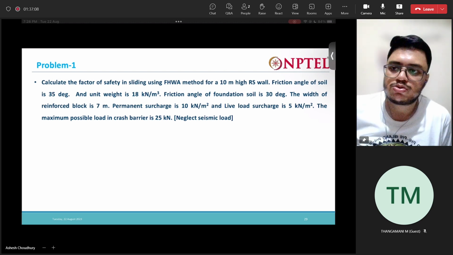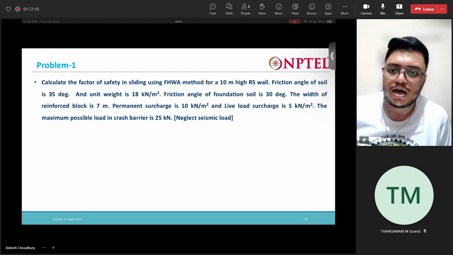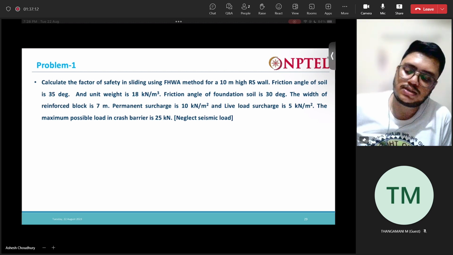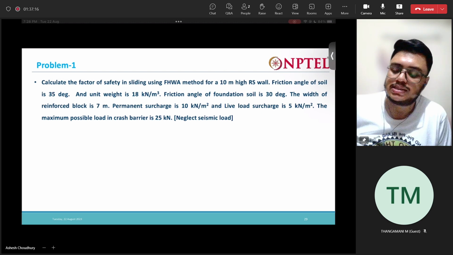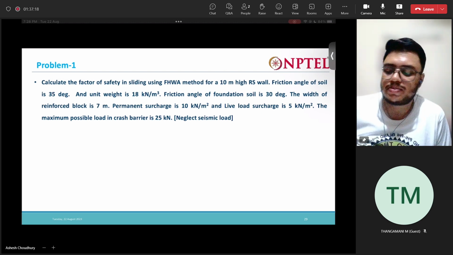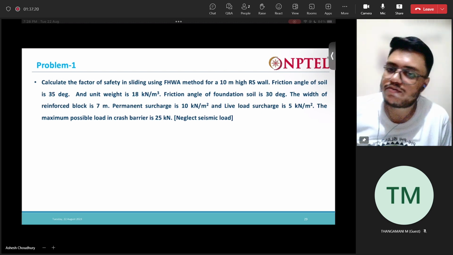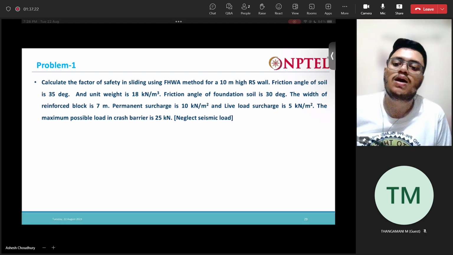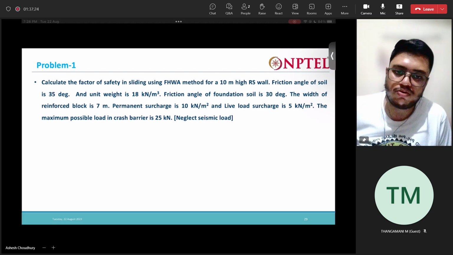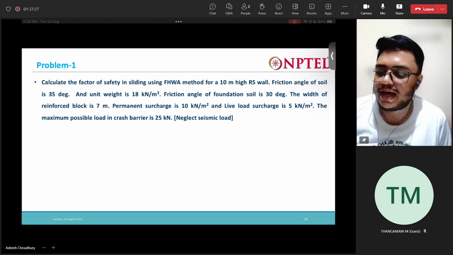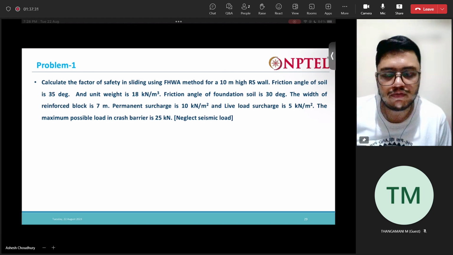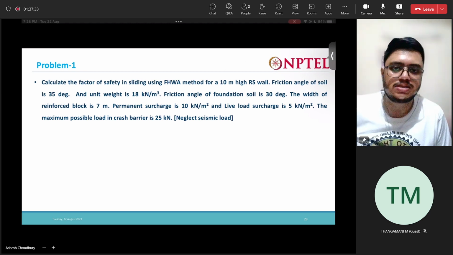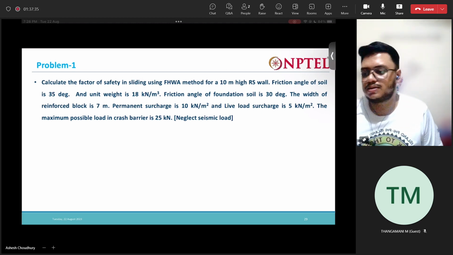The first horizontal load is due to the earth pressure of the backfill soil. Second is from the surcharges of the dead load and live load. Then we have the load from the crash barrier. If you sum all of this, you will get the active horizontal load, right?